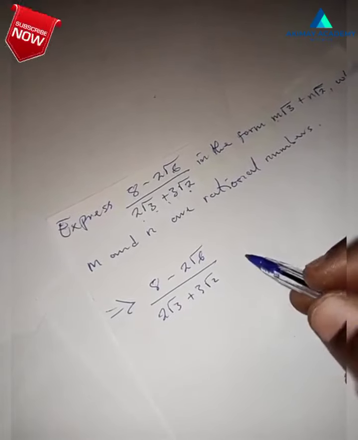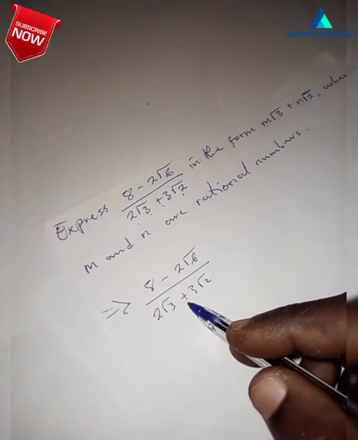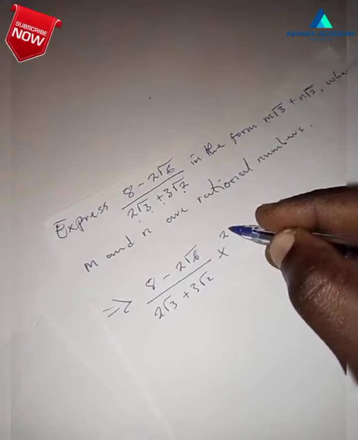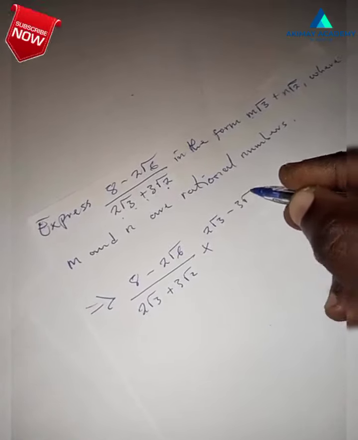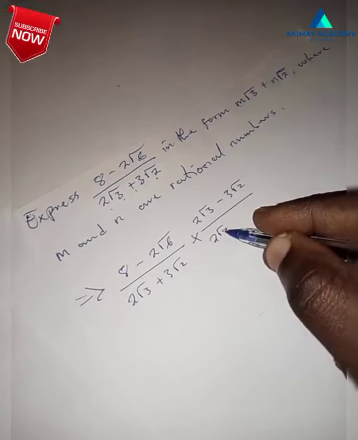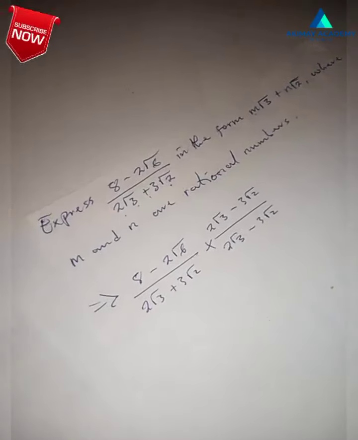Therefore, we use the conjugate to rationalize. Here the sign is positive, so the conjugate becomes negative. So we have 2 root 3 minus 3 root 2, everything over 2 root 3 minus 3 root 2 as usual.